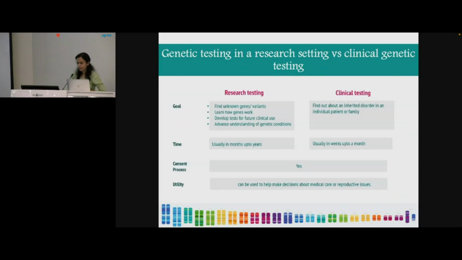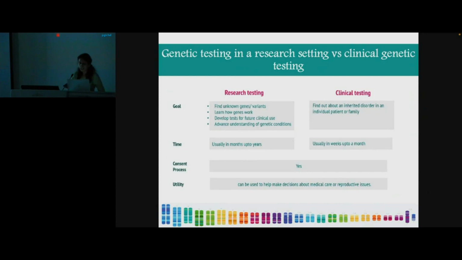So now I want to briefly touch upon the difference between research and clinical based testing. The goals of both kinds of testing are quite different. For example, in research based testing, we are not only interested in knowing the diagnosis of a patient or a condition, but also in finding unknown genes and variants, and the function of the genes, like how the genes are working.